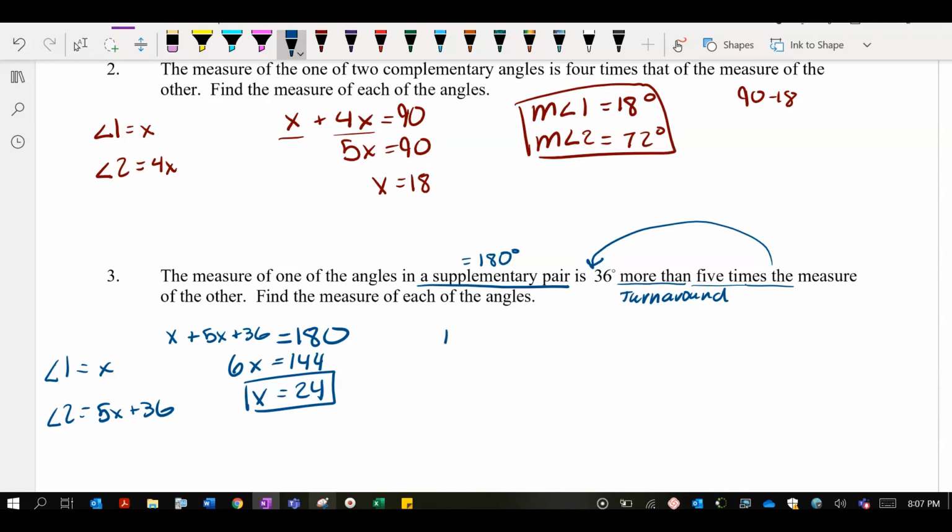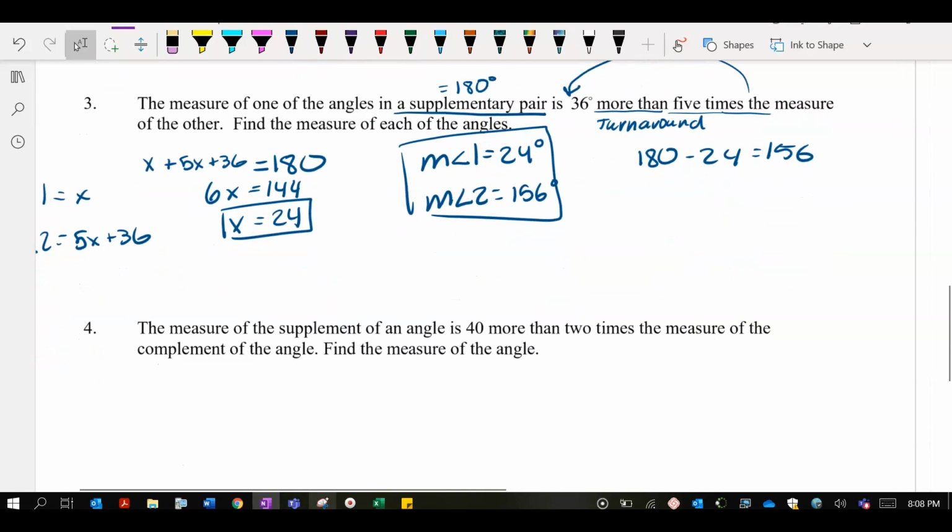Now, it says find the measure of each angle. So the measure of angle 1 is 24 degrees, and the measure of angle 2 is going to be 180 minus 24, which here we will get 156. So then we'll have 156 degrees.